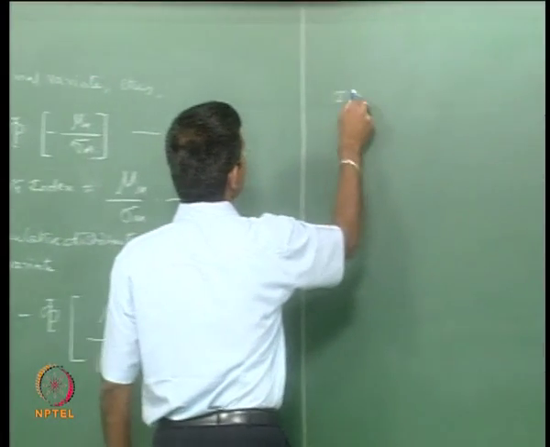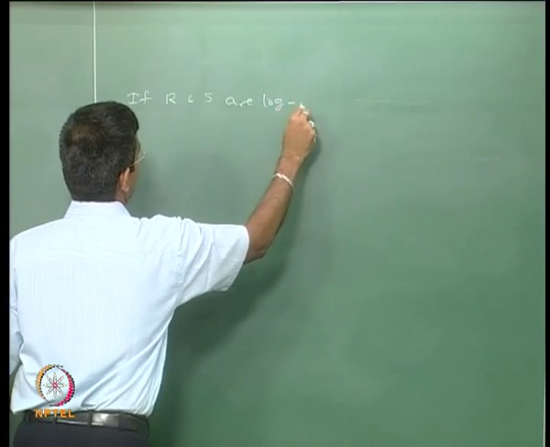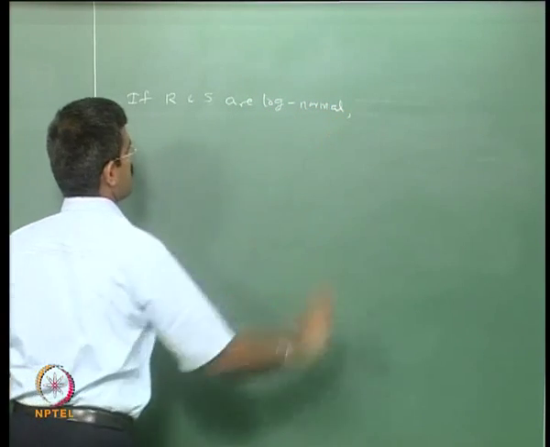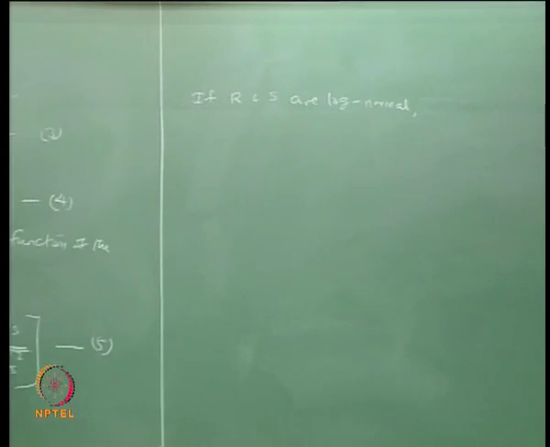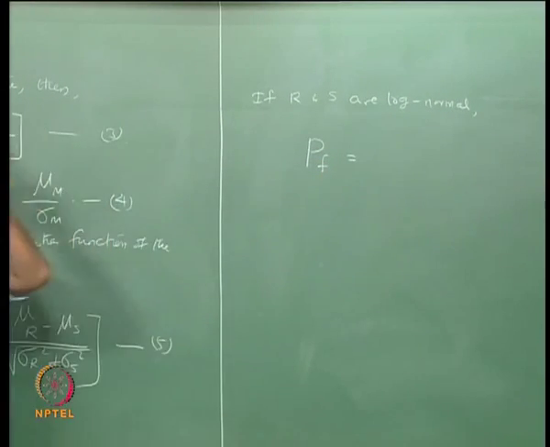If R and S are log normal, we have already given you this equation. You can easily tell me what the probability of failure is.